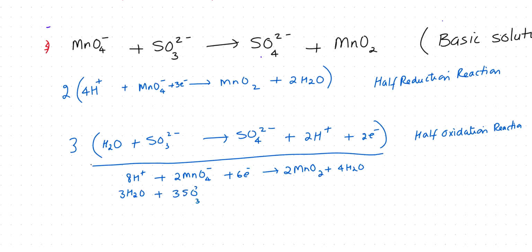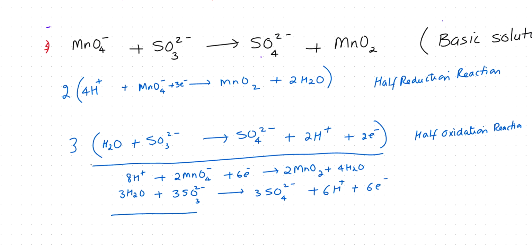All charges remain the same, only the coefficient changes: 3H2O, 3SO3 2 negative gives 3SO4 2 negative plus 3 times 2, 6 H plus, and 2 times 3, 6 electrons. So 3 water molecules, 3 SO3, 3 SO4, and 3 times 2, 6 H plus and 6 electrons. Now electrons are equal on opposite sides.